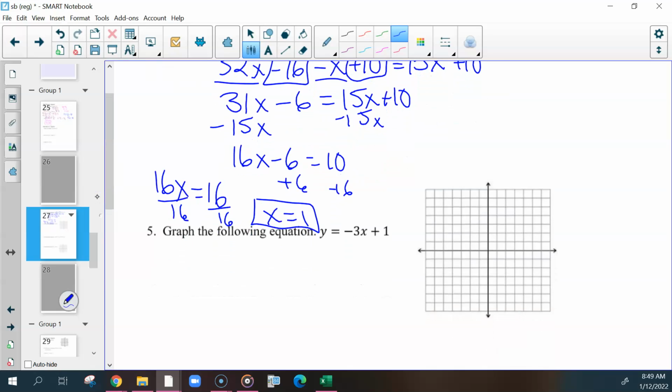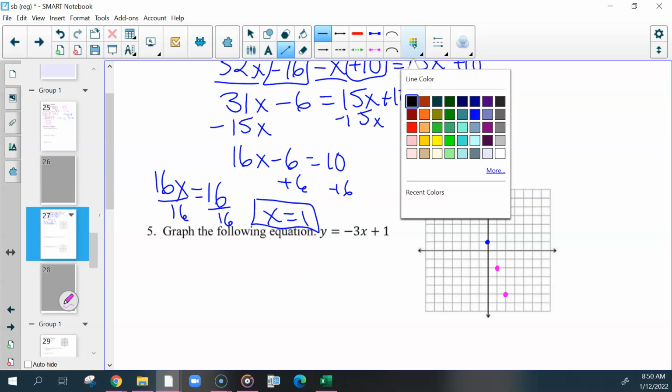And then for our last one, we needed to graph this equation starting at our y-intercept of positive 1. And then our slope is negative 3, so we should be going up 3 to the left 1 as many times as possible, and then down 3 to the right 1 as many times as possible.